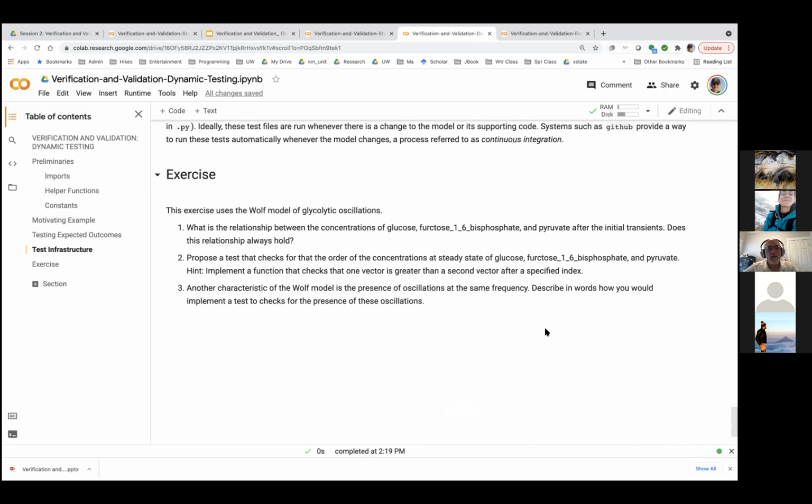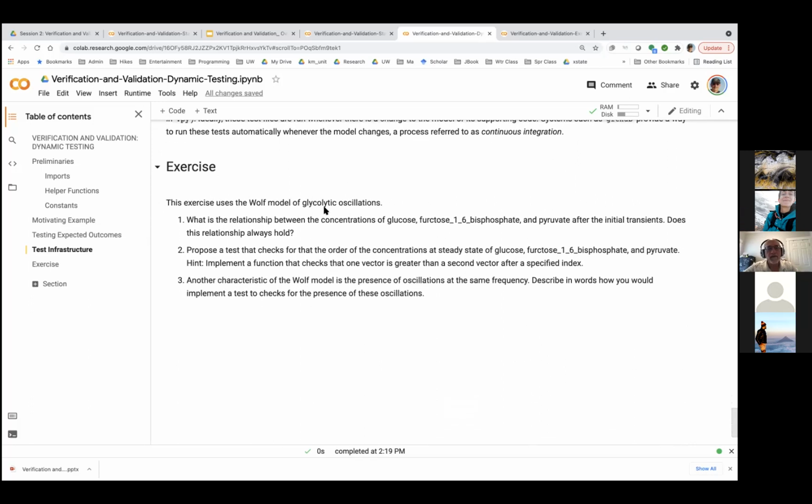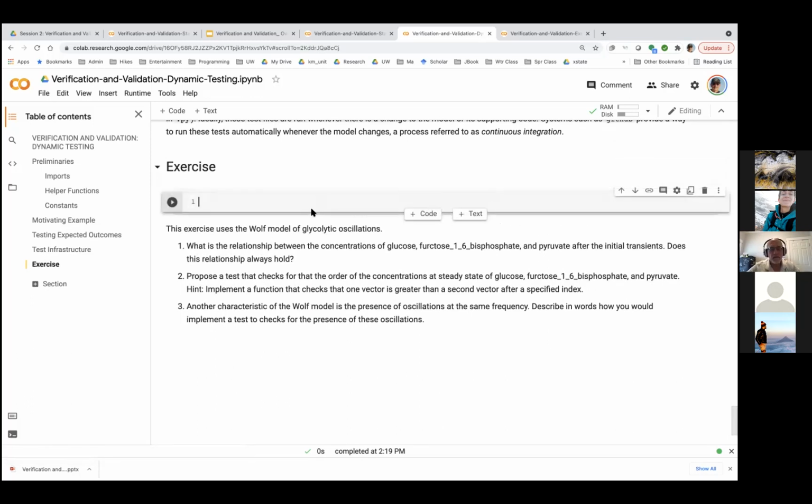Okay. So in this exercise, I'll do the same thing with helping you get started. We're going to do the wolf model again, and remember, you can access it with just wolf_model.